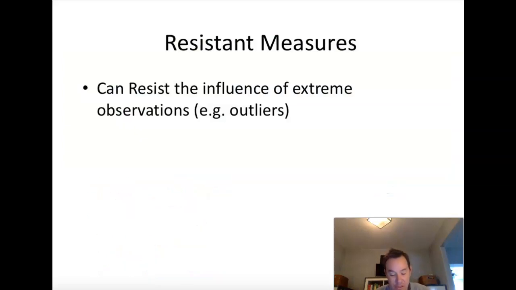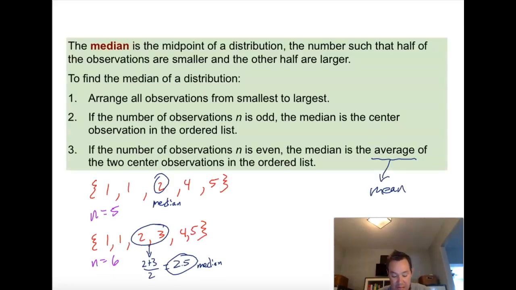Okay, resistant measures can resist the influence of extreme observations, e.g. outliers. So let's go back to this. Let's change up these data sets and throw in some extreme outliers. These are all pretty small numbers, pretty close. They're all single digit positive numbers.